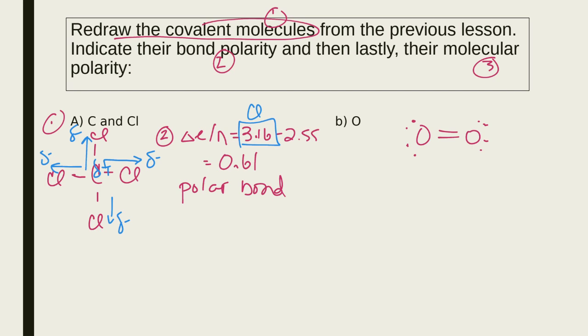Then we look at the molecular polarity, and we look at this overall molecule and we say, is that an equal or an unequal movement of electrons? And this is an equal movement. If you look at this, and I'm just going to use a different color here to highlight, I have a movement of electrons going up, and I also have a movement of electrons going down, and that movement cancels itself out, and we say that that's an equal pull.